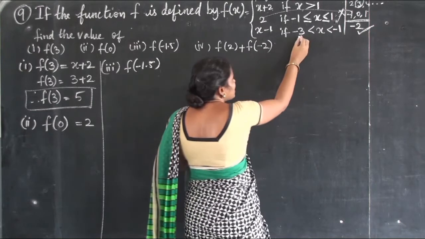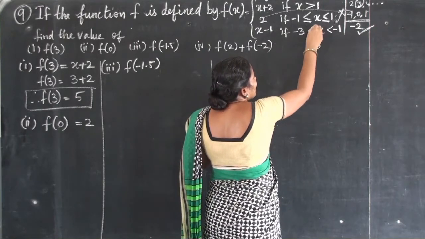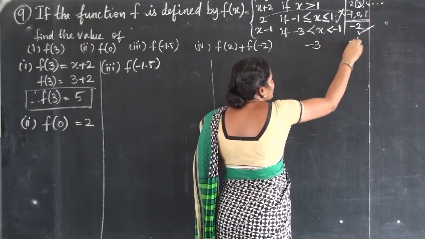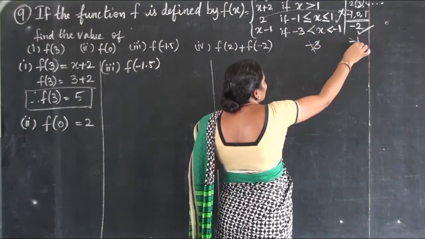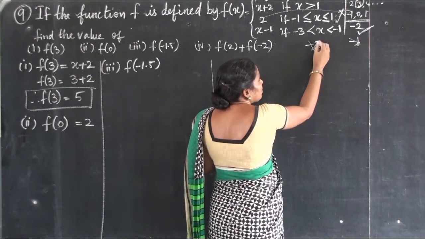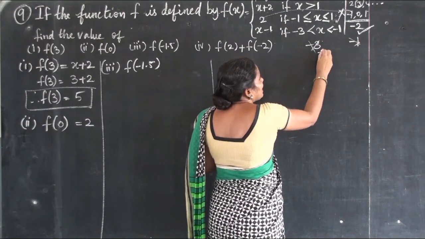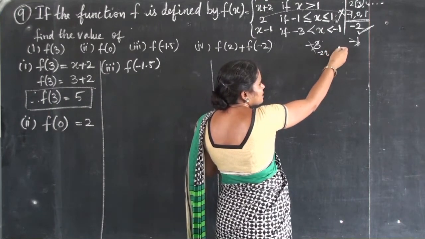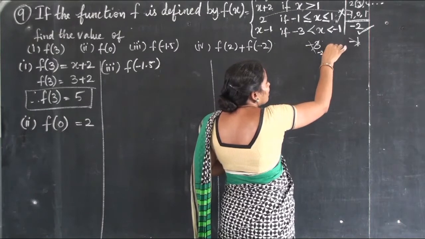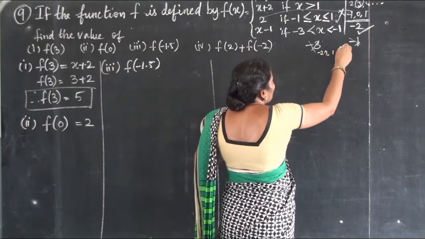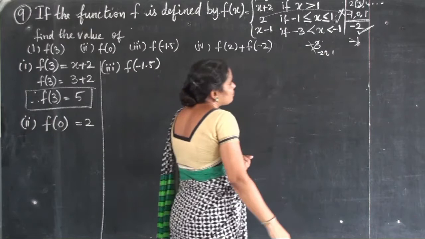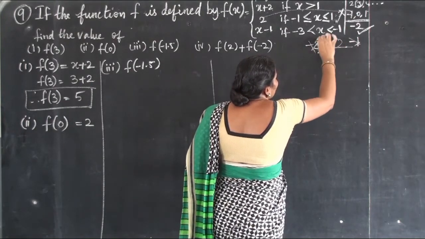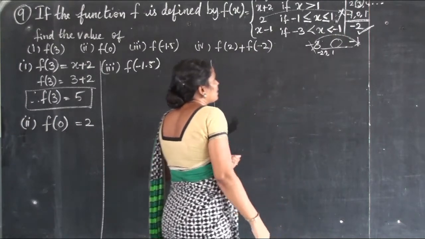So here the condition is minus 3 less than x and x less than minus 1. So what are the values? We should not take minus 3 as well as minus 1. What are the values in between? After minus 3 we have minus 2.9, minus 2.8, minus 2.7, minus 2.6, likewise minus 1.9, minus 1.7, minus 1.6, minus 1.5, minus 1.4, isn't it? So it lies between minus 3 and minus 1.